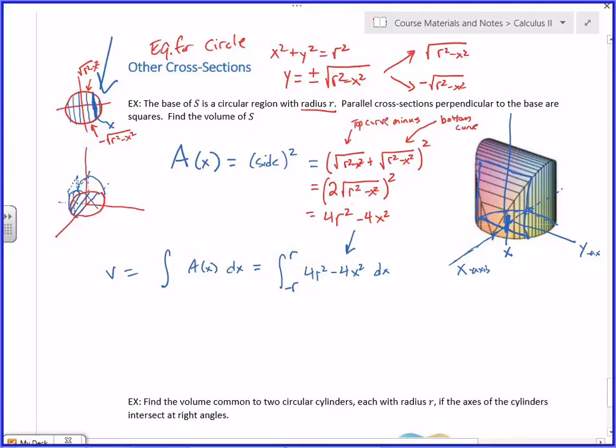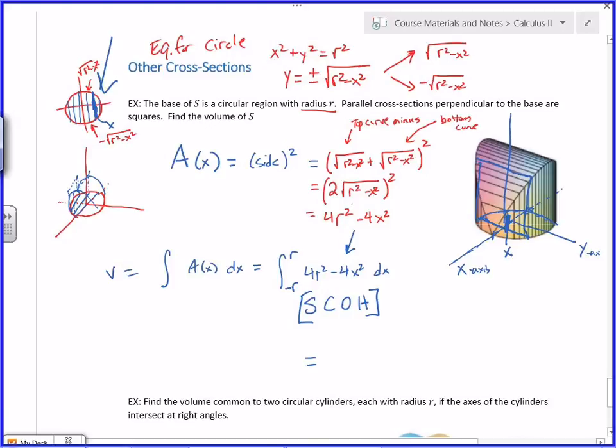And the rest is Cal 1. For the sake of time, I will write that. Some calculus occurs here.